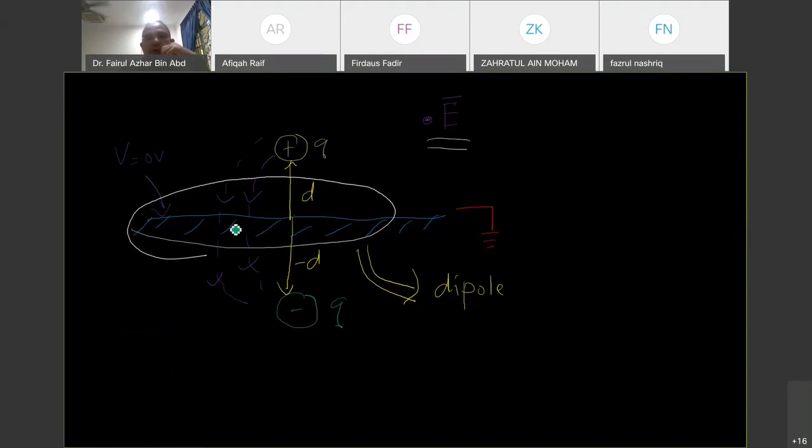So in the exercise for this topic, I need you to derive or prove that if we have a dipole arrangement like this one, the potential at the center between the charges is equal to 0 volt.